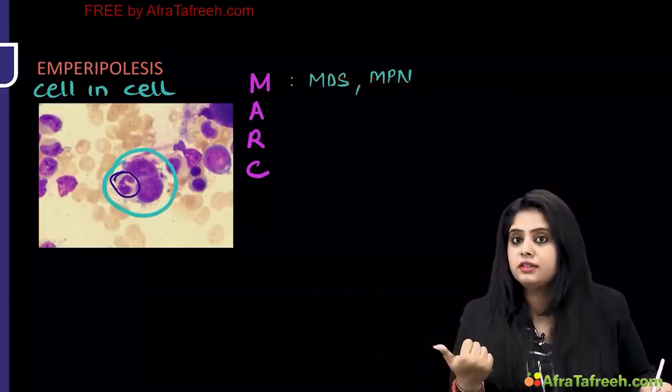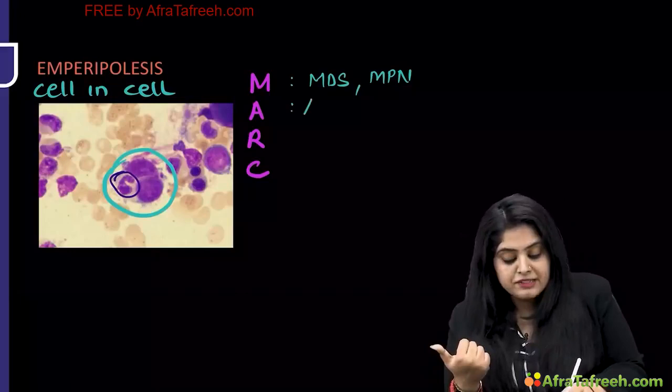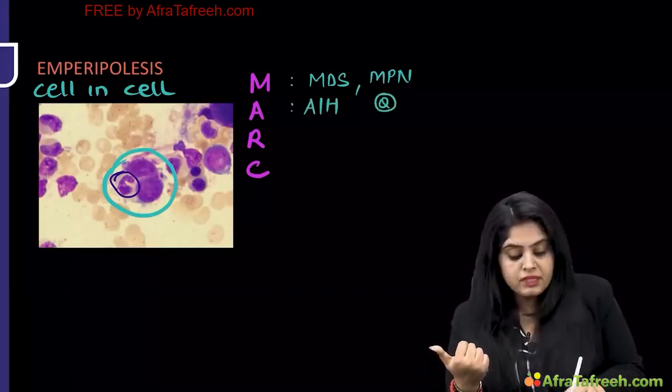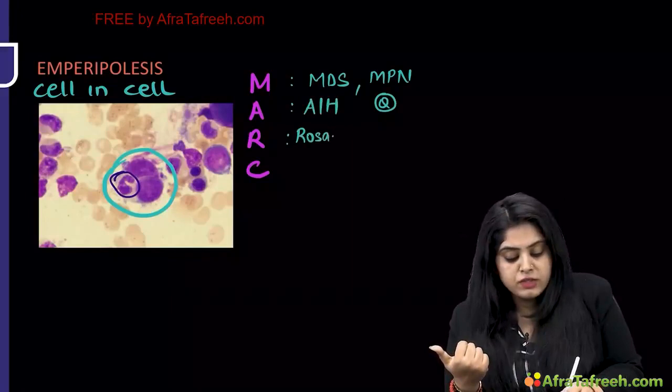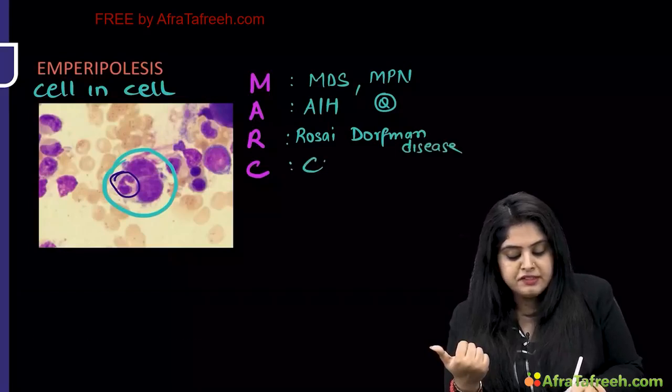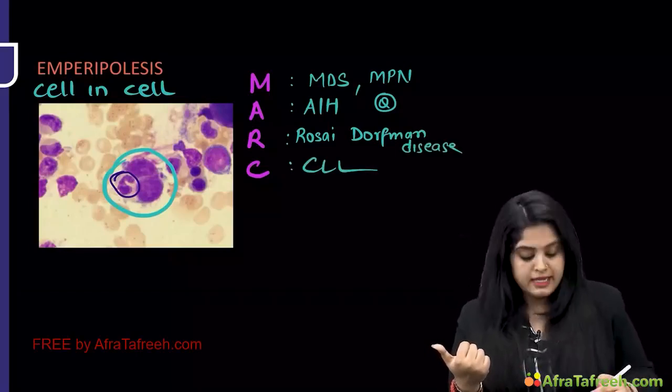You've studied this under the WBC chapter. A stands for autoimmune hepatitis, which was a previous year question. R stands for Rosai-Dorfman disease. And C stands for a leukemia called CLL.